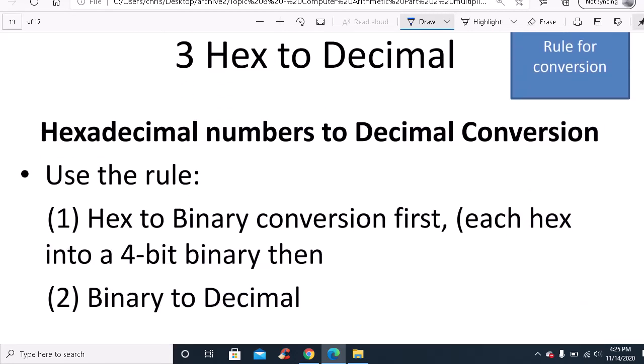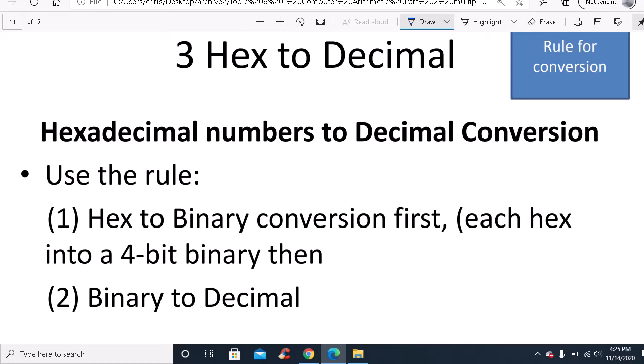So, finally, I want to show you how to convert, in 2 steps, a hex number to decimal. So we use a rule to the effect that you first of all convert a hex number to binary, remembering the fact that any hexadecimal digit has a 4-bit binary equivalent.